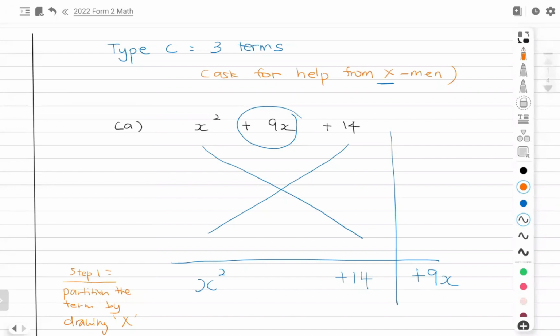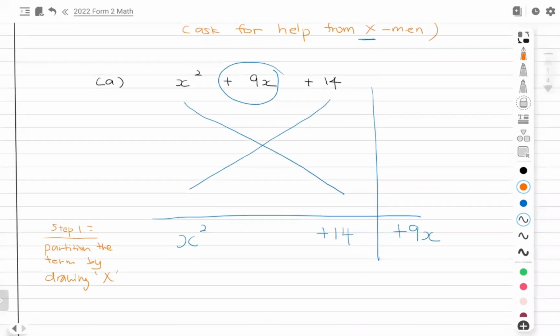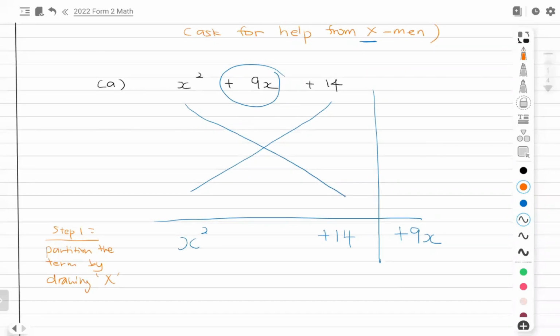You can label that. Let me continue first. So step 1 is to partition. You draw an X and then you partition it: first term, third term, and then second term.